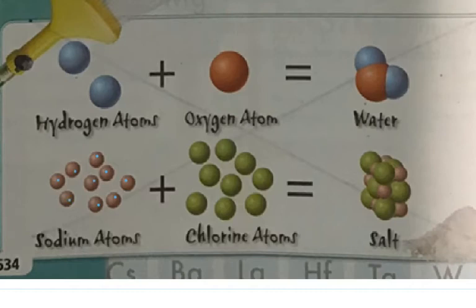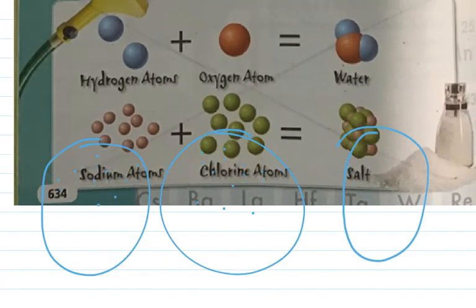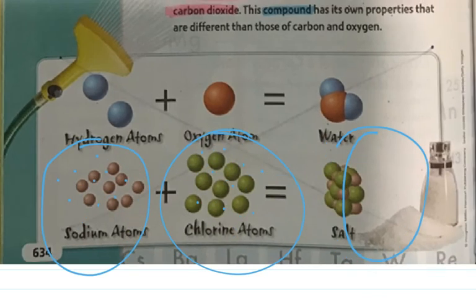And there are 9 chlorine atoms too. That means for every sodium atom, there is 1 chlorine atom. When I add all of these together, they combine into one thing, which creates salt, which we just did last week, when we dissolved salt into water.